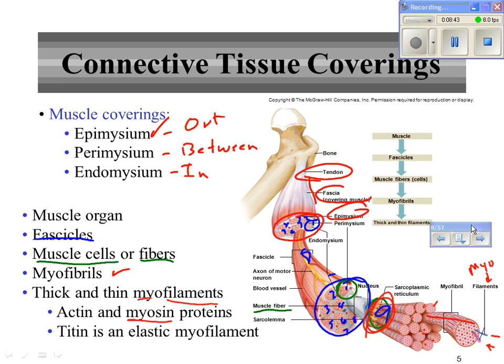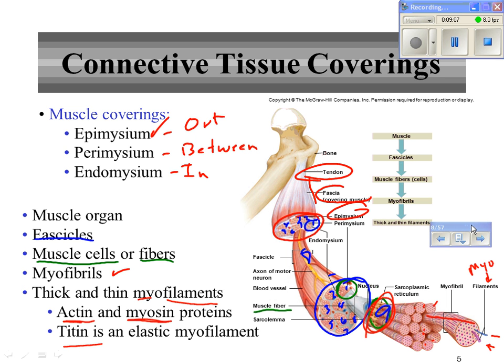Myosin is the really thick protein, and we're going to talk about that. And then actin is the really thin protein, and they're going to interact with each other. We also have titin involved, which is an elastic myofilament that helps create the structure of our muscle, and that'll make a little more sense as I talk about it on a future slide.